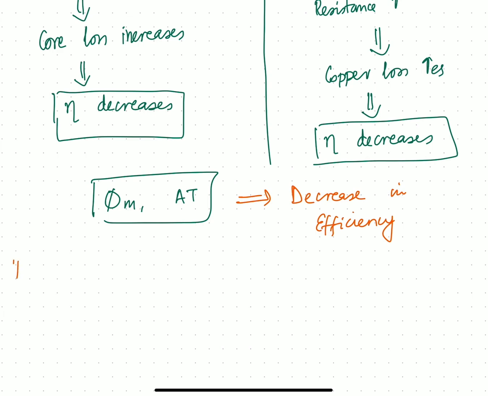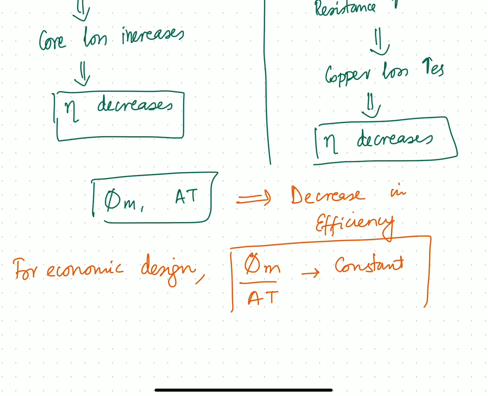So for economic design, this ratio of phi m to AT is kept constant, and this ratio depends on the type of the transformer.